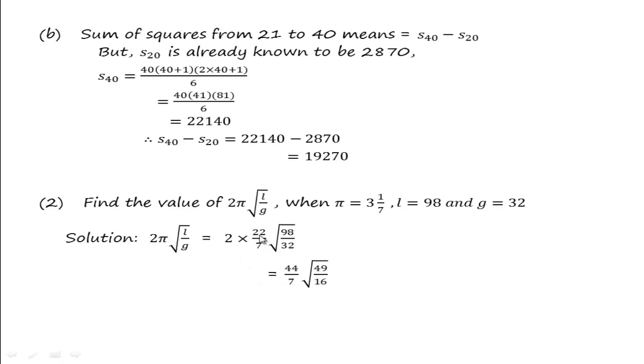Now 2 times 22 is 44 divided by 7, and then 2 goes in 98, 49, and 2 goes in 32, 16. That's why it is 49 divided by 16, and the square root of 49 is what? It is 7, and the square root of 16 is 4.